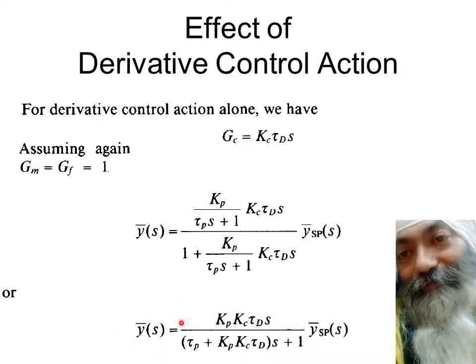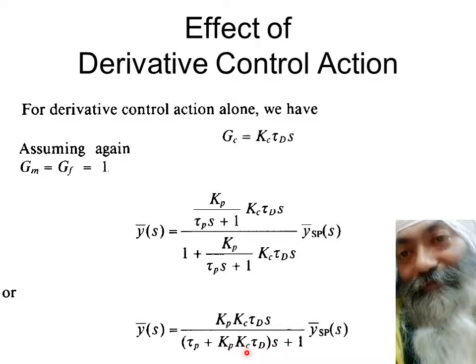The first thing which strikes you clearly is that the first order system remains a first order system. It doesn't increase as it did in the case of integral. Derivative alone does not increase the overall order of the system.